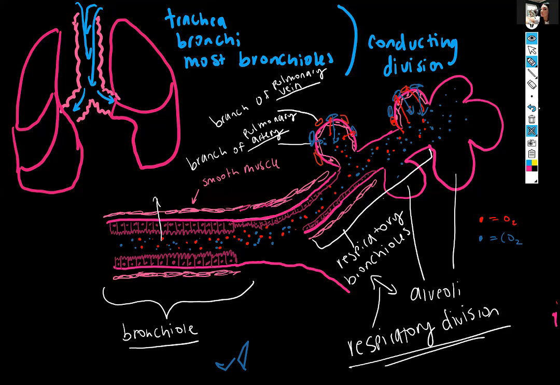One of the reasons for that is, of course, because the diffusion distance would be way too large. So remember from Biology 160, you did a little bit of this thing called the Fick equation, which was a little nasty bit of math that describes what determines the speed of diffusion. And one of the things in that equation is distance, meaning how far does a molecule have to go to diffuse?